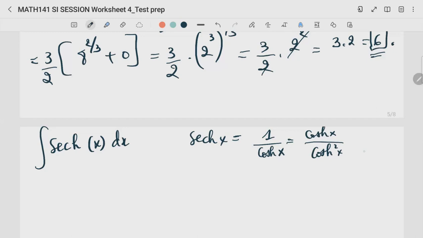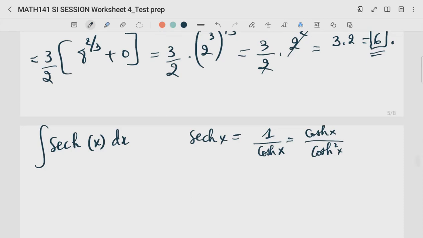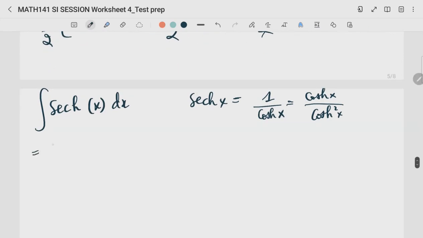Makes sense? Yes. Right. So if you rewrite it like that, this expression becomes the integral of cosh x over cosh squared x dx.